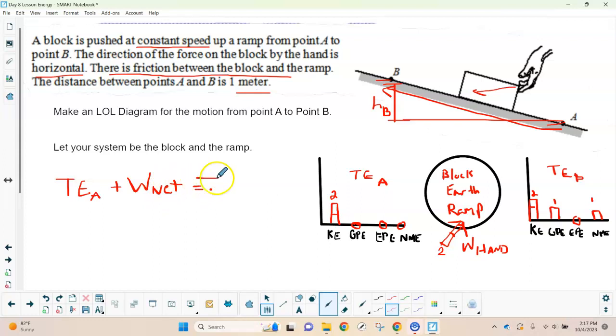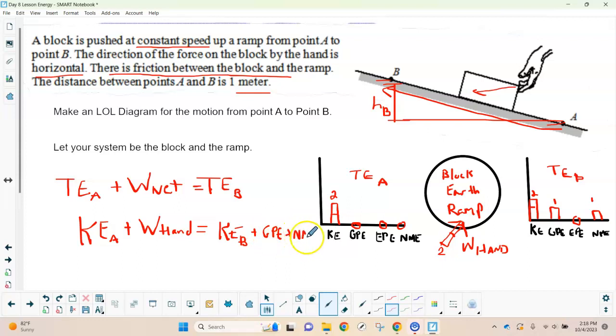And then that equals the total energy at B. So if I was writing this into an expression, it would be kinetic energy at A plus the work done by the hand should equal all the energies that I have up here. So I have kinetic energy at B plus the gravitational potential energy and the non-mechanical energy.